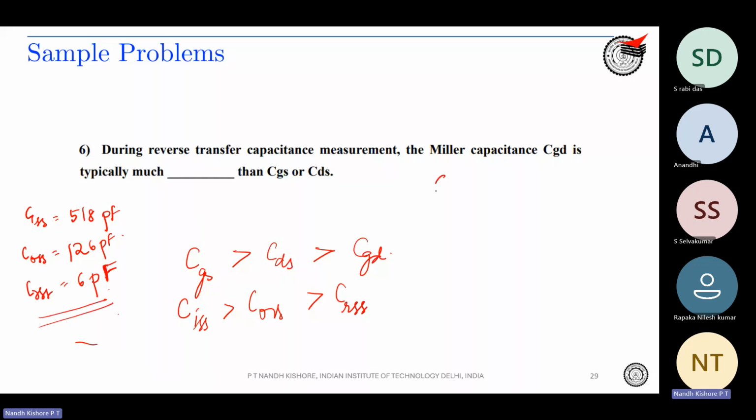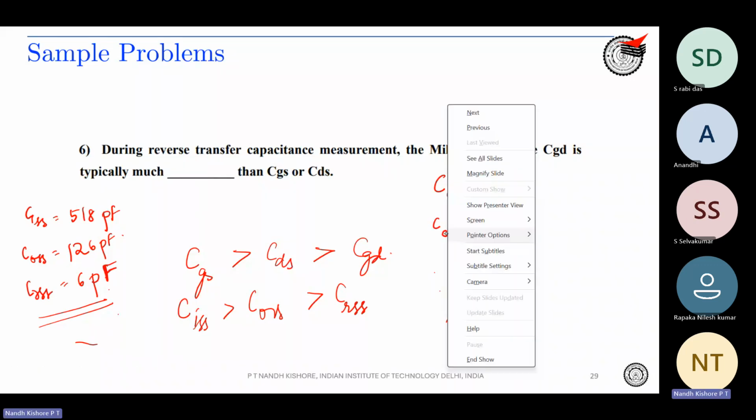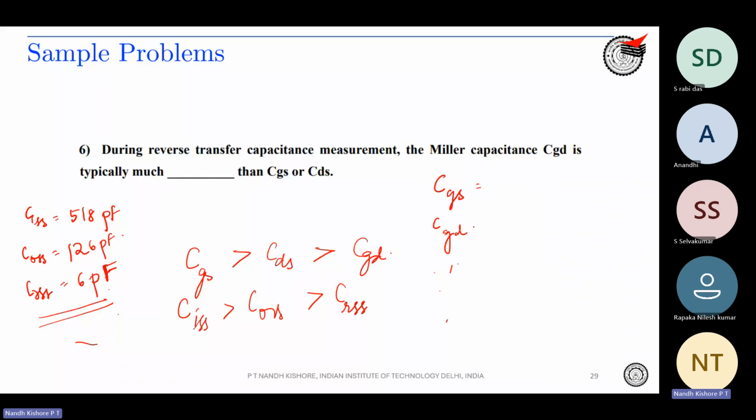Can you find out what is CGS, what is CGD and what is CDS? Everyone, please. Simple, right? I have given you CISS, COSS, and CRSS. Can you find out what is CGS, CGD, and CDS?